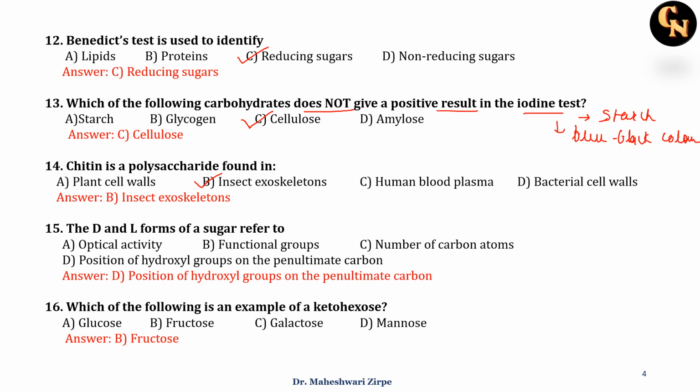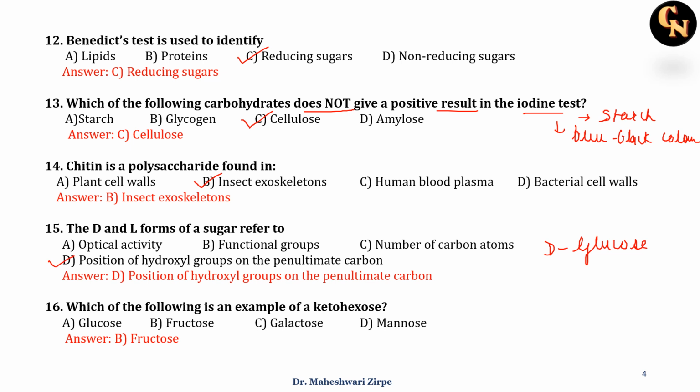Then next is the D and L form of sugar refers to. So many times we write D glucose, then L glucose, then D fructose, L fructose. What does this D indicate? It refers to the position of the hydroxyl group on the carbon.